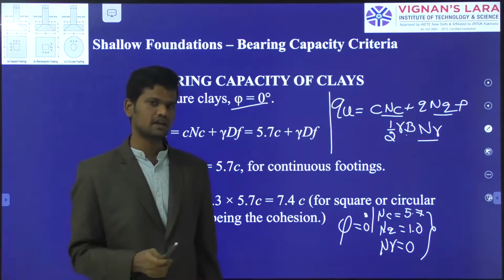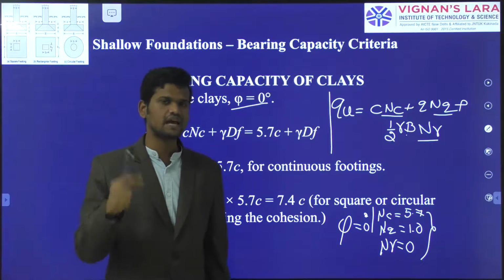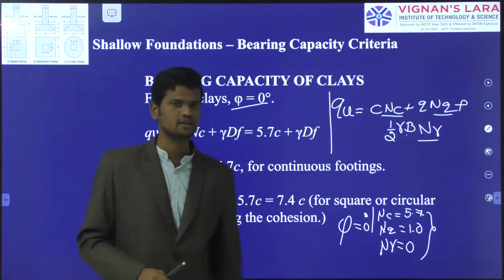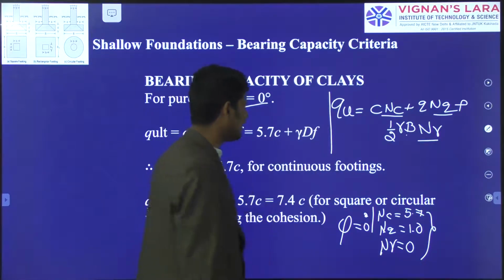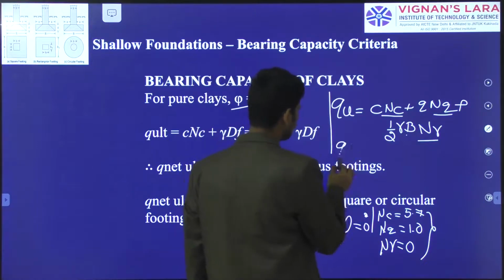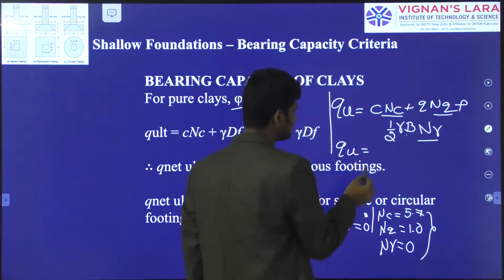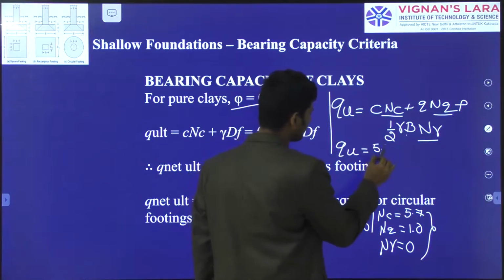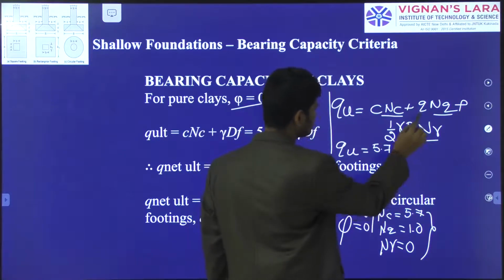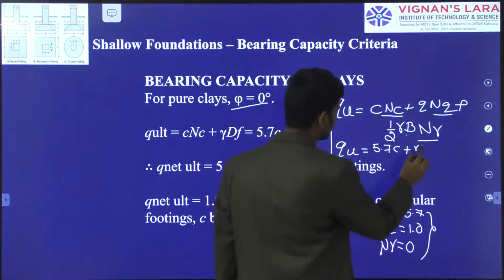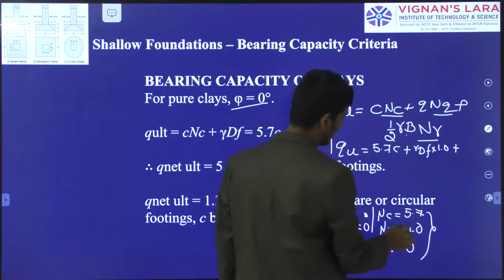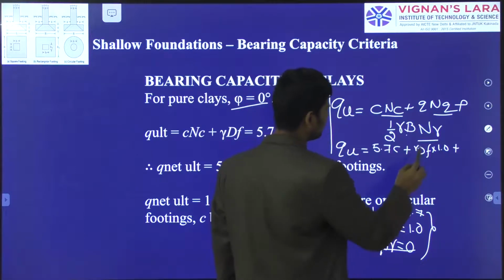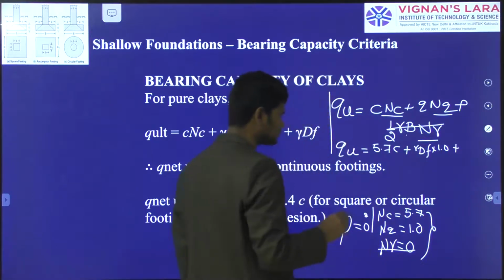These values must be remembered. Why? Because in your examination they will ask to calculate the ultimate bearing capacity of cohesive soil without giving these parameters, so you should remember these values for pure cohesive soils. From this, the ultimate bearing capacity Qu equals 5.7 into c plus q, the surcharge pressure, that is gamma Df, with Nq equal to 1.0, plus half gamma B N gamma, where N gamma is 0, so that term reduces to 0.